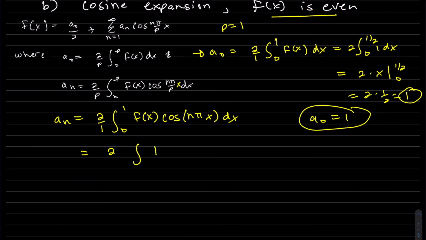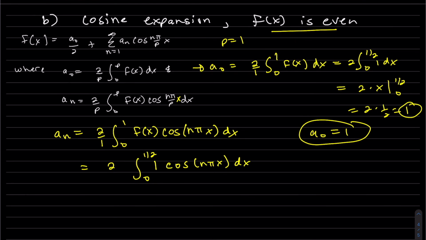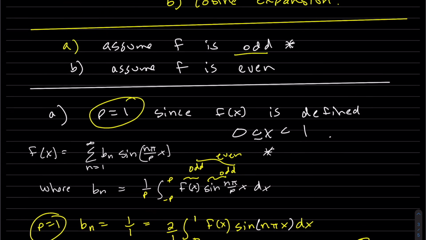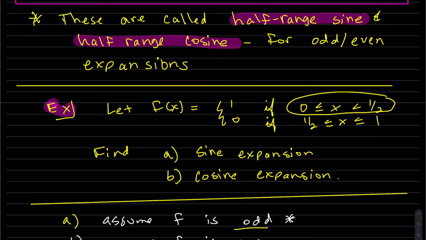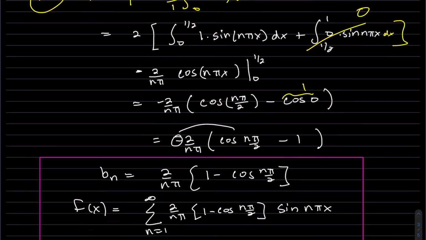So f of x is 1 from 0 to 1/2. I'm just opting not to do the second integral from 1/2 to 1 because the function's 0, so it doesn't need to be there.